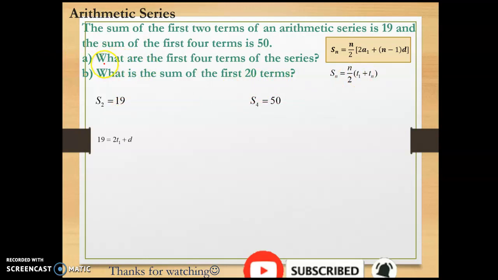For us to answer the first question, what are the first four terms of the series, we need to look for the first term and the difference, right? So for us to look for the difference, we need to use this formula here.